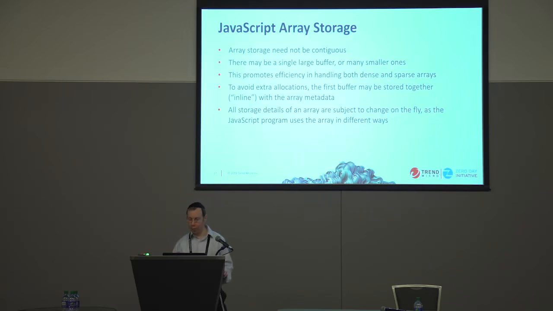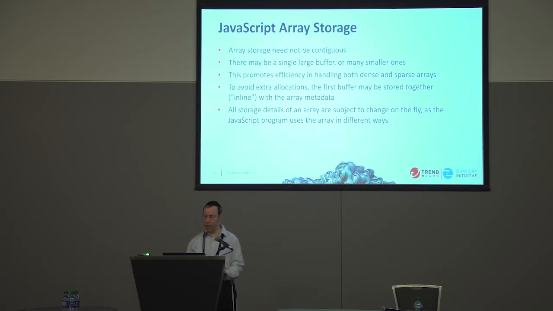For this, V8 uses a hash table structure, but in Microsoft's Chakra JavaScript engine, an array can be split among several buffers, each representing a different range of indexes. Furthermore, the first buffer of the array might be stored inline, meaning that it appears in memory immediately following the array metadata together with it as a single allocation, again, for performance. And there are also metadata structures to help an array locate all of its buffers efficiently.